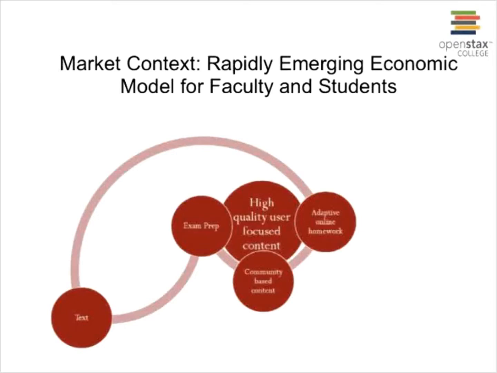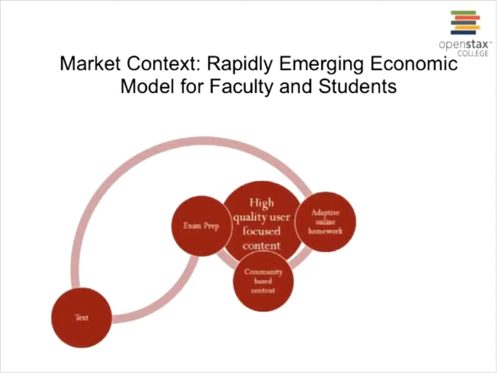And these networks are really beginning to drive change. We first see this in the market context, especially in the higher education space, where we're seeing a rapidly emerging economic model for faculty and students. Historically, we were really in a tech-centered world where distribution, authorship, ownership was really dominated by a single player, a publisher.